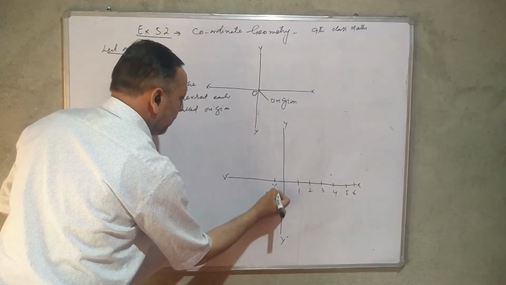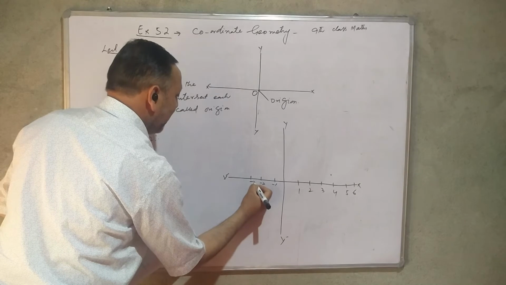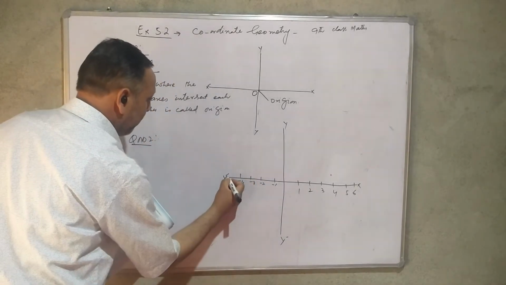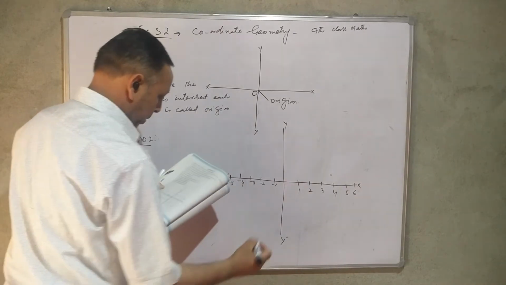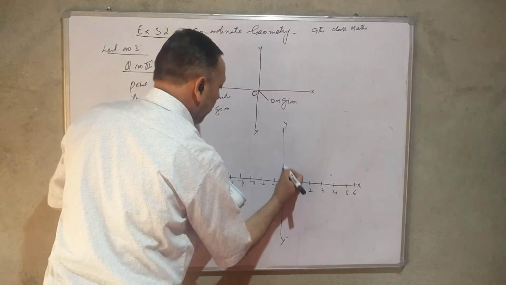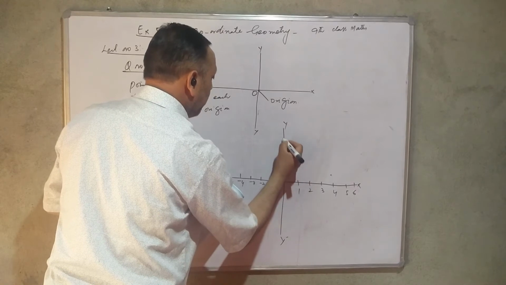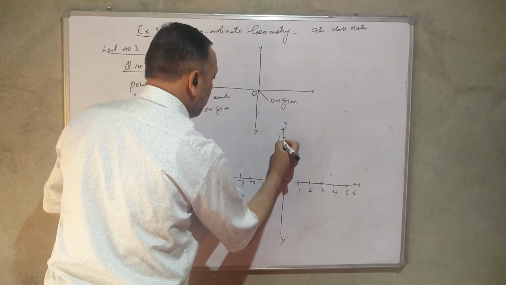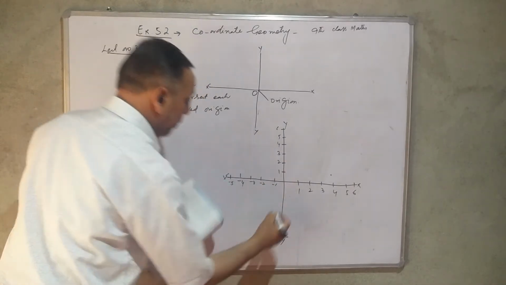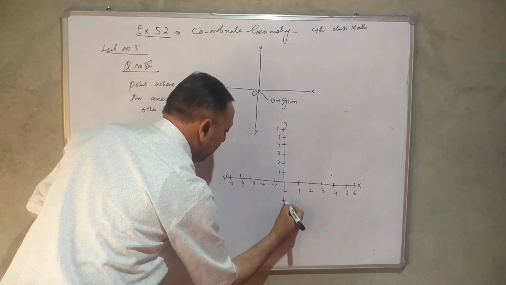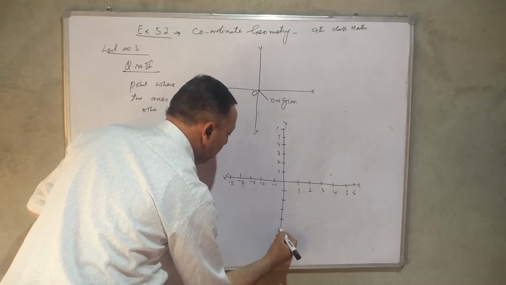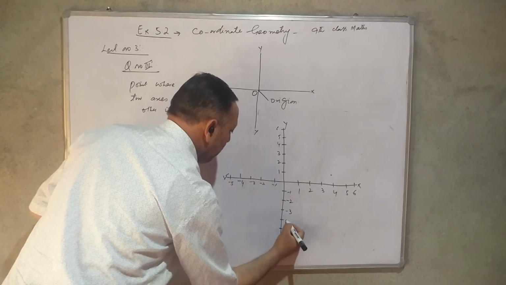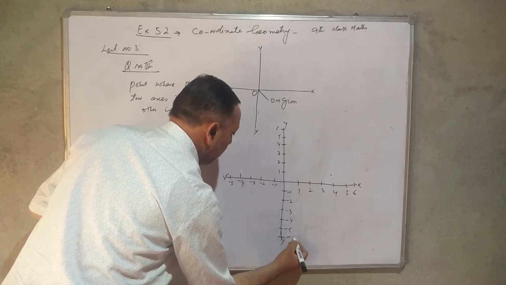This is -1, -2, -3, -4, -5. Here on the y-axis we have 1, 2, 3, 4, 5, 6. Here we have -1, -2, -3, -4, -5, -6.